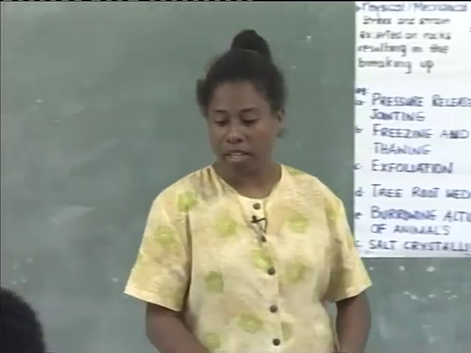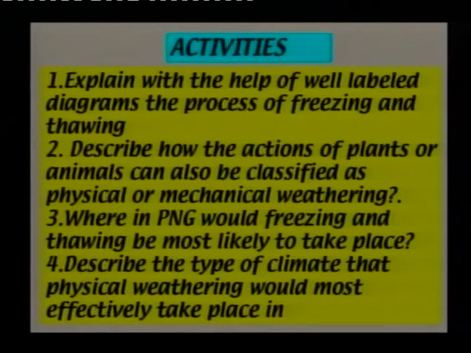Okay, let's look at question number 2. For question number 2, you're supposed to describe how the actions of plants or animals can also be classified as physical or mechanical weathering. Elsie, your answer for number 2. Your description for how the actions of plants or animals could also be classified as physical or mechanical weathering.